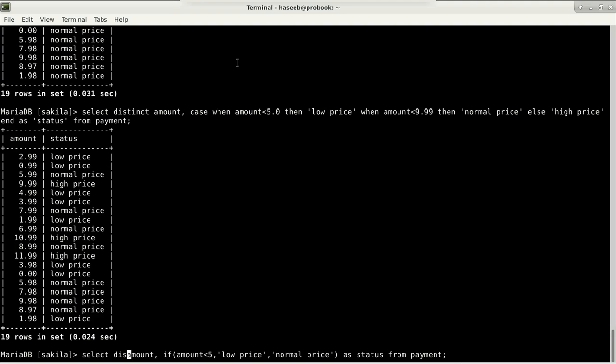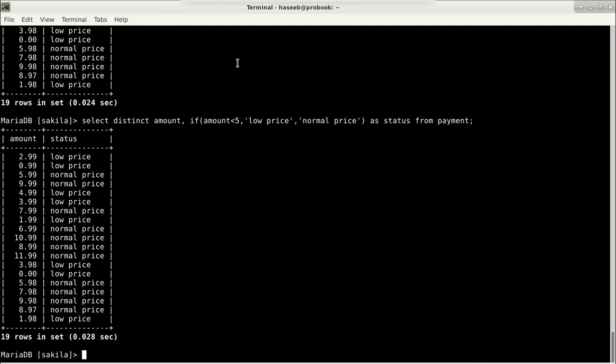Again, put distinct here. So again we got a similar answer on the basis of this if condition. Now it is checking if the amount is less than 5, print low price, else normal price.